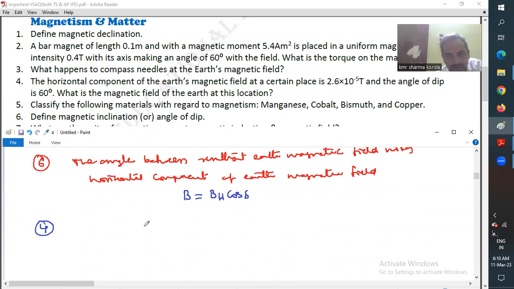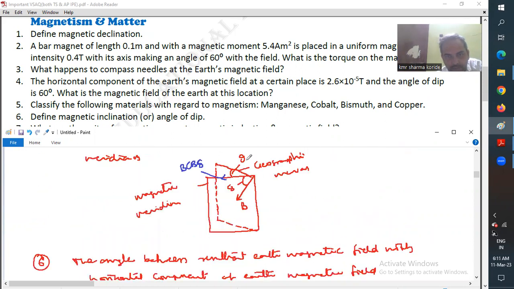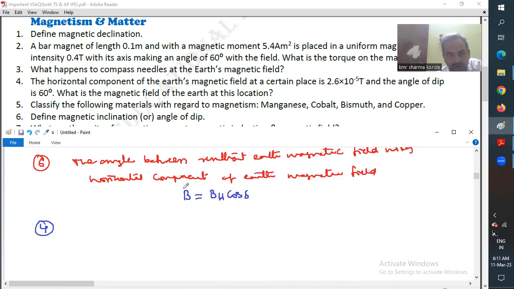This is nothing but resolving B into two components. So BH is equal to B cos del, and BV is equal to B sin del. We need only BH equal to B cos del.